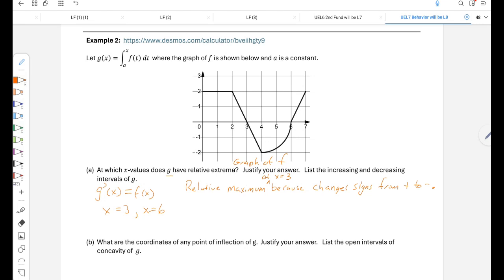And then obviously we're going to have the opposite of that, a relative min at x equals 6 because, actually I missed 2 things in there, because f changes signs.